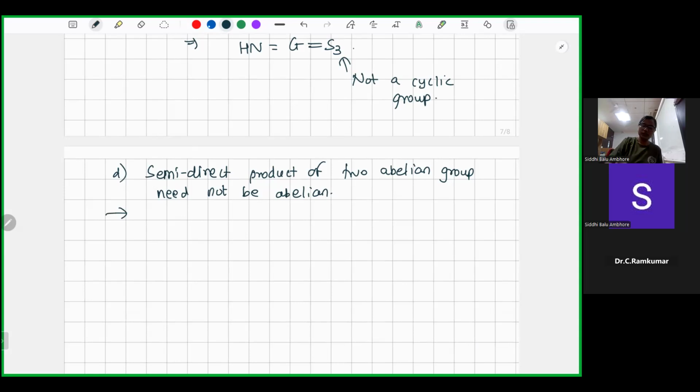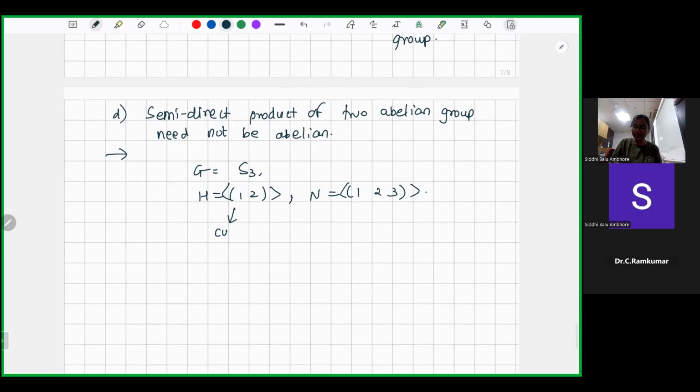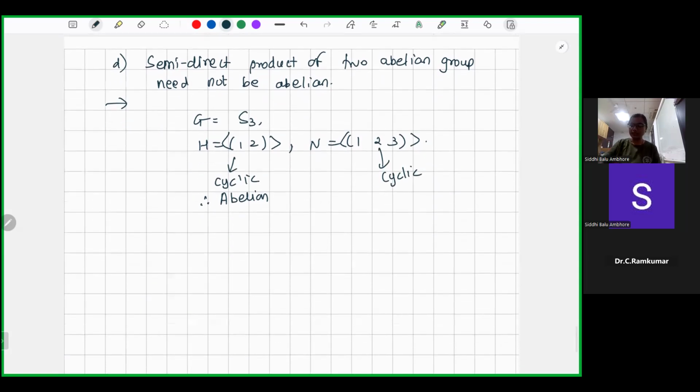We can choose G to be S3 again. H was generated by (1 2), N was generated by (1 2 3). This is cyclic, hence abelian. And the subgroup in S3 generated by the cycle (1 2 3) is also abelian.